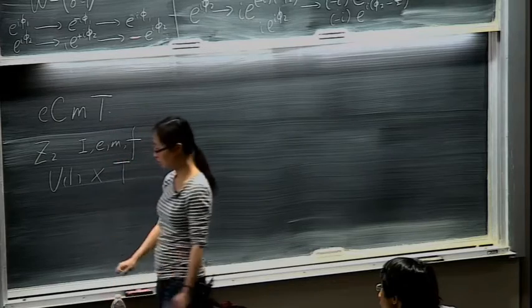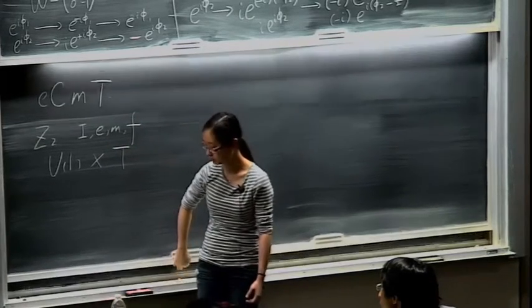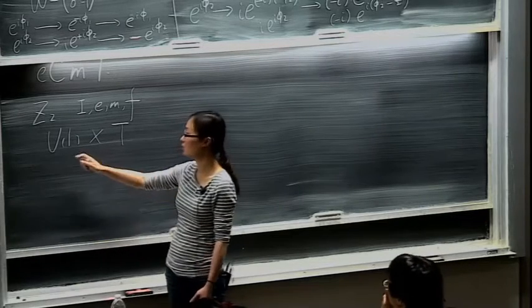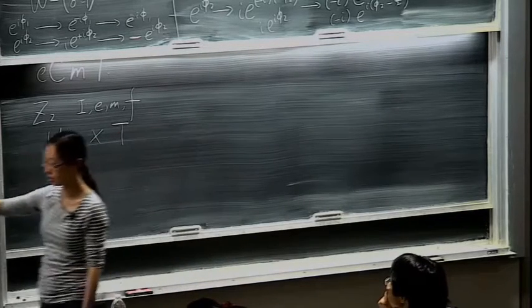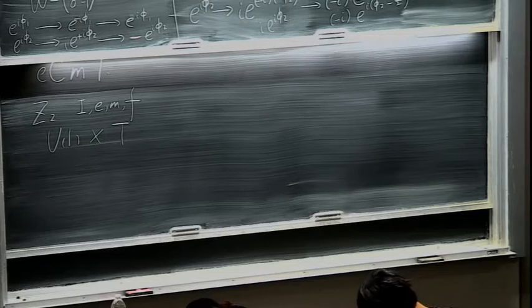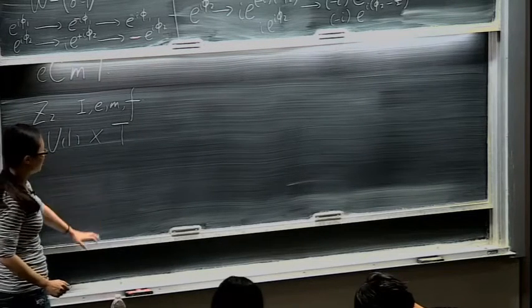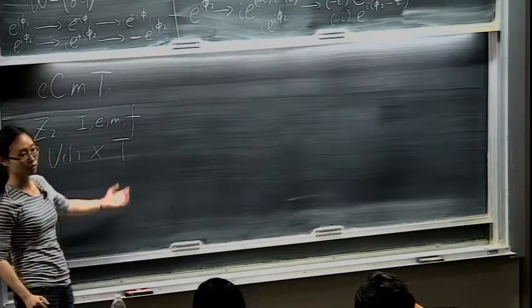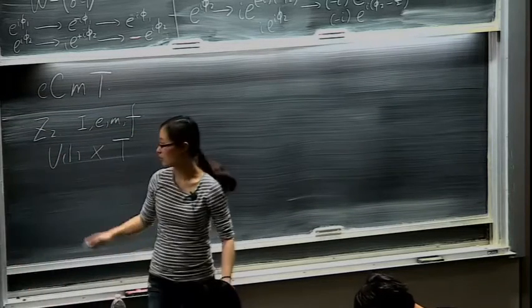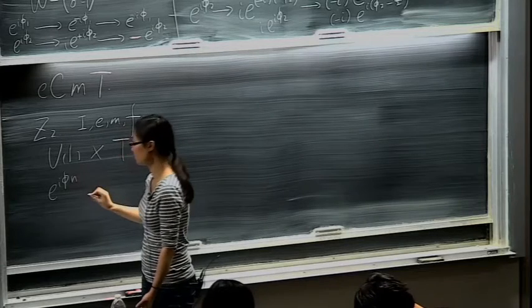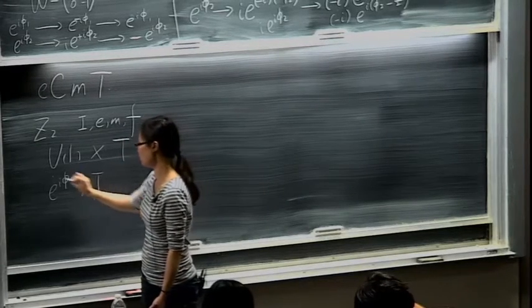And the tricky thing here is that it's different from the symmetry we talked about here. In this case, U1 is in a product with time reversal symmetry, which means that if I take a group element of the U1, it commutes with time reversal symmetry.